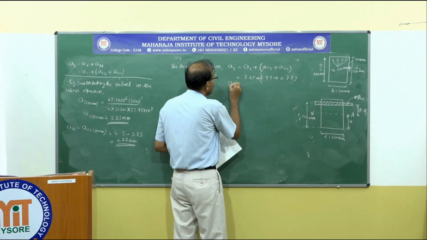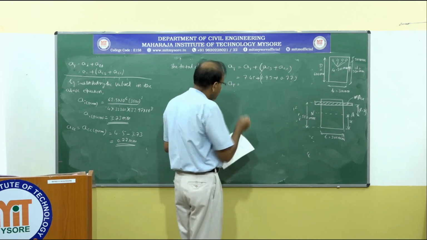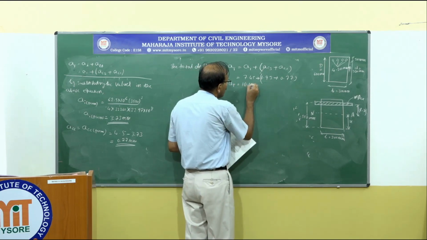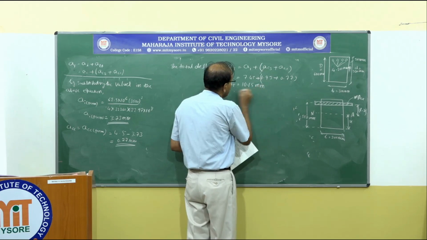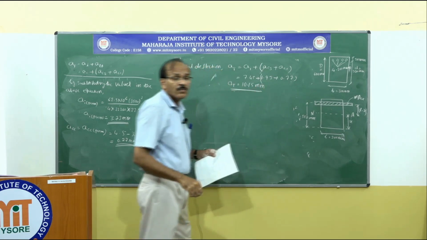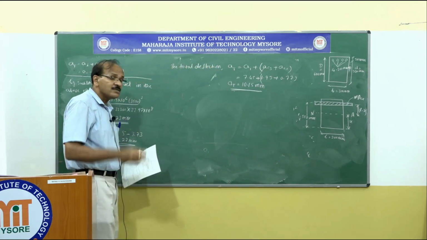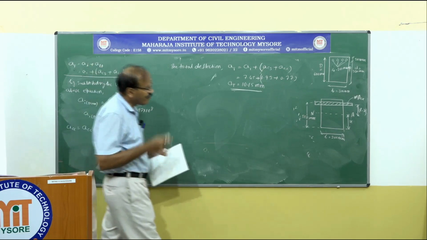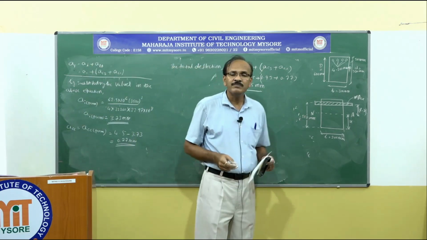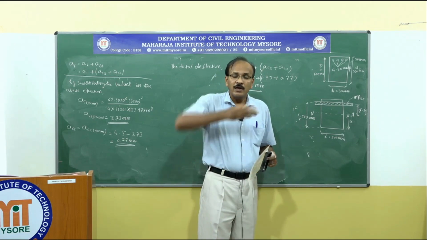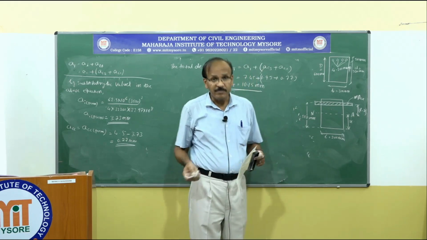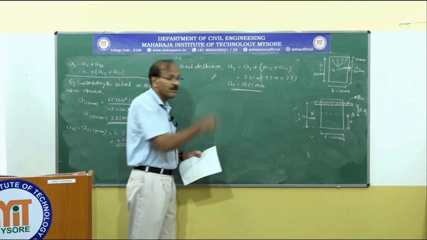So AT, the total deflection, is 10.15 millimeter. Okay. This is the total deflection at the free end of the cantilever. It is a long-term deflection, not the immediate deflection, it is a long-term deflection.